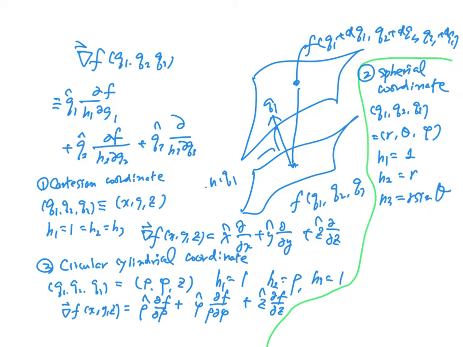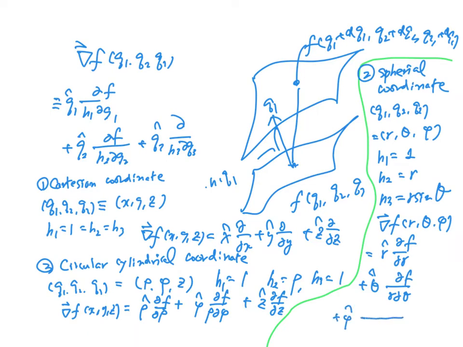So in spherical coordinate, the gradient of f(r, theta, phi) is r partial f over partial r, theta over r partial f over partial theta, plus phi over r sine theta partial f over partial phi.